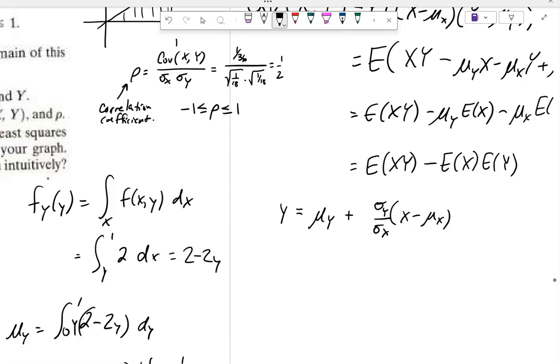Now, if they're perfectly correlated, this is exactly what your least squares line would be. If they're not perfectly correlated, there's going to be some shift in there, if you will. Not really a shift, but a slant, and that slant is based on the correlation. So your slope turns out to be your change in y over change in x.